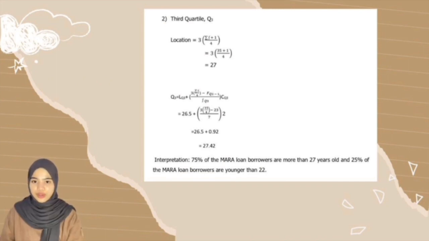From that, we got to know that 75% of MARA study loan borrowers are aged more than 27 years old, and 25% of MARA study loan borrowers are aged less than 22.